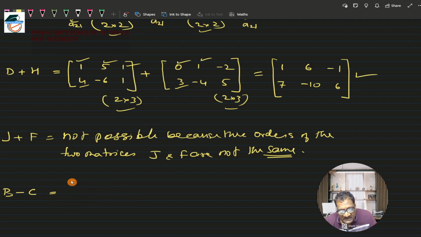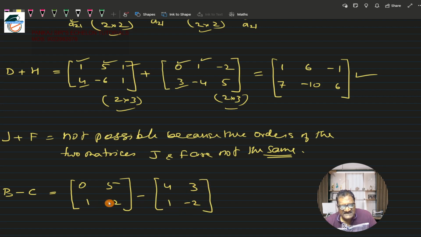So according to my textbook, the B matrix is 0, 5, 1 and minus 2. This is B, and C is 4, 3, 1 and minus 2. Okay, now first let us check the compatibility. Okay, now this is 2 by 2, this is also 2 by 2, so the order is same for both the matrix, so subtraction is possible.